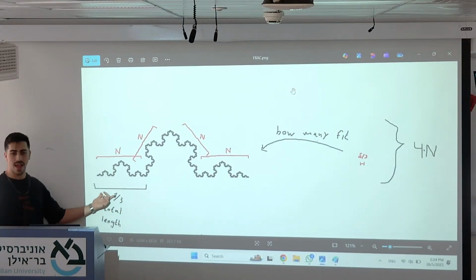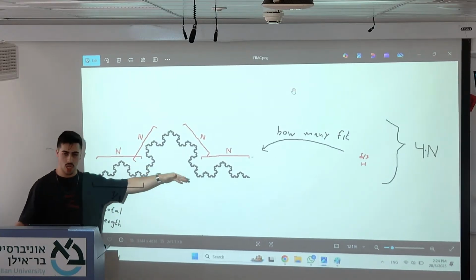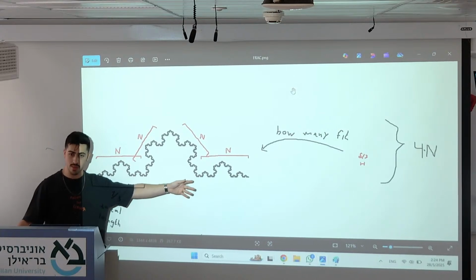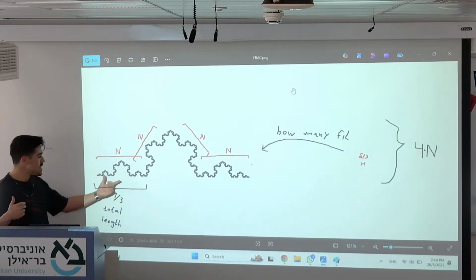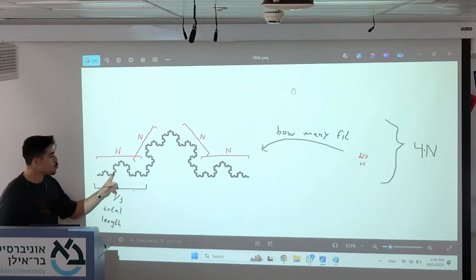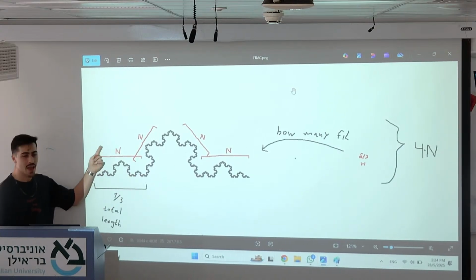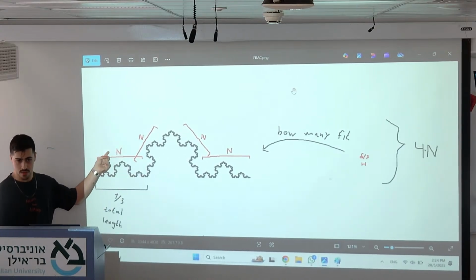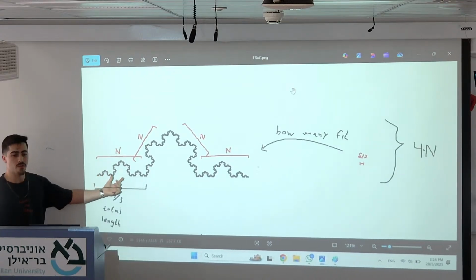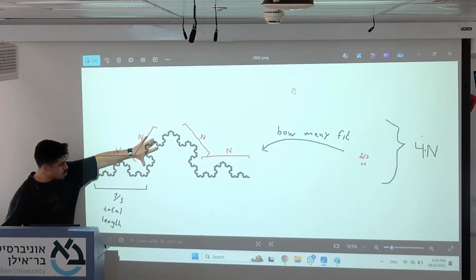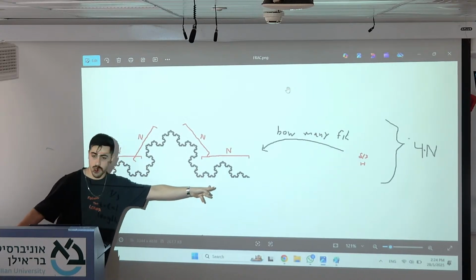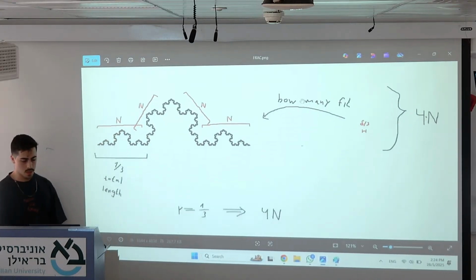If it has a third the length of the whole shape and the ruler is a third the size it was, that means that only one of these parts will have n rulers fit inside of it. But we have 4 copies of this. 1, 2, 3, 4.